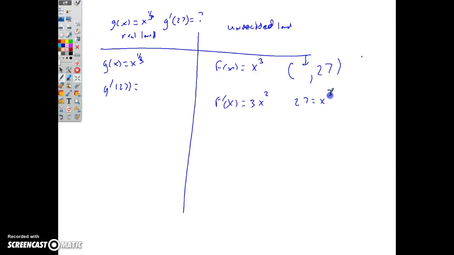27 equals x cubed. That's going to give me x is equal to what? 3. So the point over here is (3, 27), which is the same as what point in real land? (27, 3).